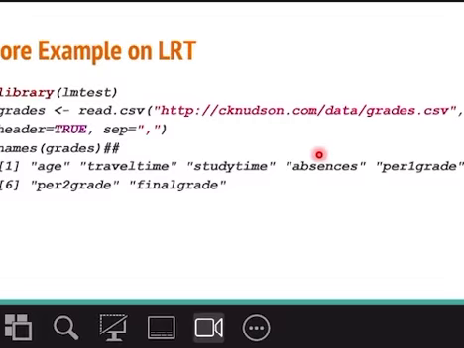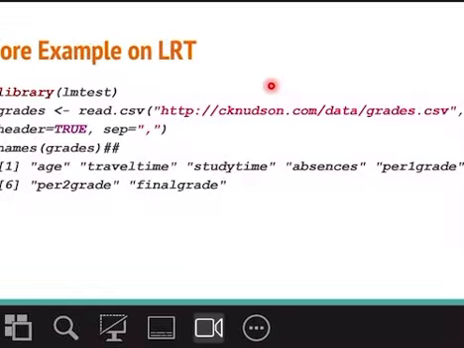I quickly want to walk you through this example, but if you want to have access to that, you need to load a library called lmtest. This is the data. You can have access to it if you copy that into R. This is online data where we want to identify predictors that determine whether a student is going to pass a class or not.